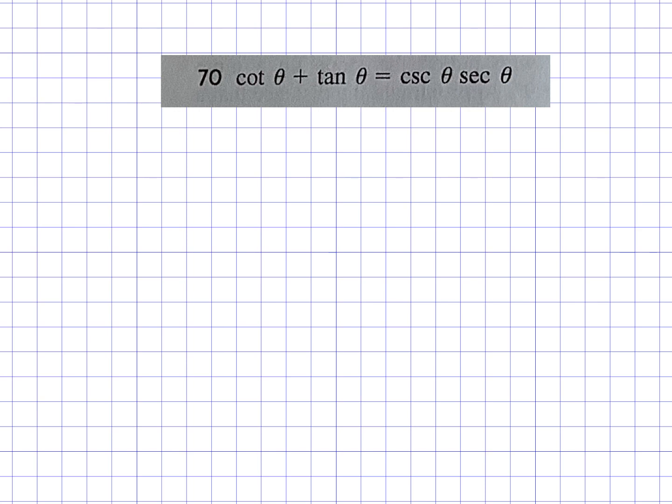Okay, same type of thing. Just start changing. You could change both at the same time. I'll go ahead and change both of these at the same time and see if we can get them to meet. Cotangent is cosine over sine, plus sine over cosine. On the right side, this is 1 over sine, and secant is 1 over cosine.